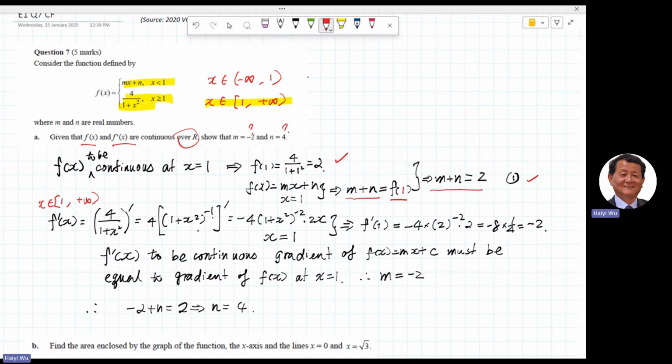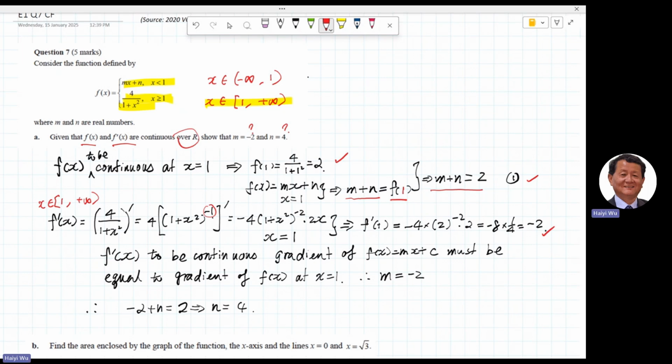When you differentiate 4 divided by 1 plus x squared, I'm going to turn it to the power of negative 1, so I avoid using the quotient rule. We substitute x equal to 1 into the derivative function, and you receive f dash 1 equal to negative 2.